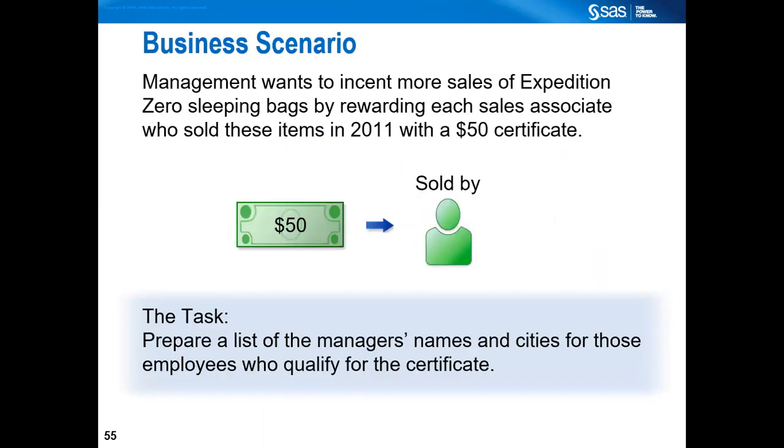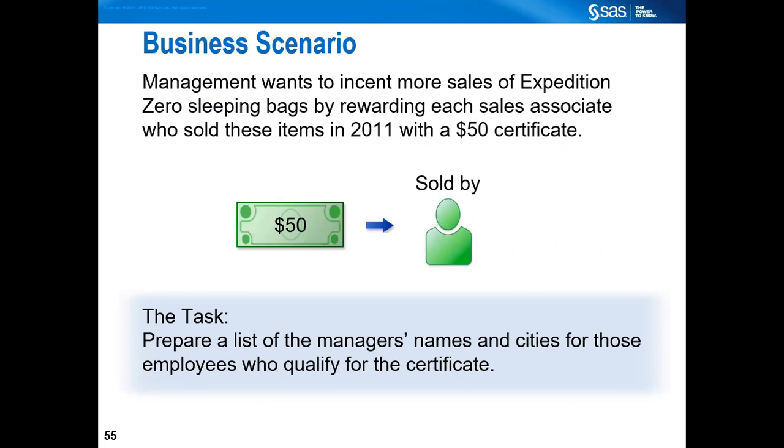That's it. Now let's understand the same through a scenario. I'll just complete this and we can stop. The business scenario here is that management wants to incent more sales of Expedition Zero sleeping bags by rewarding each sales associate who sold these items in 2011 with a $50 certificate reward.